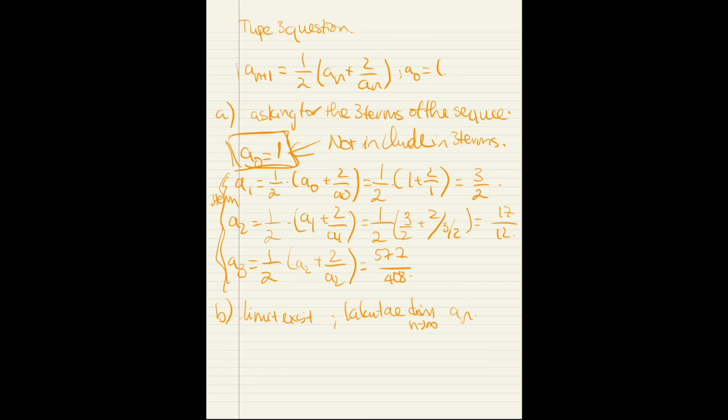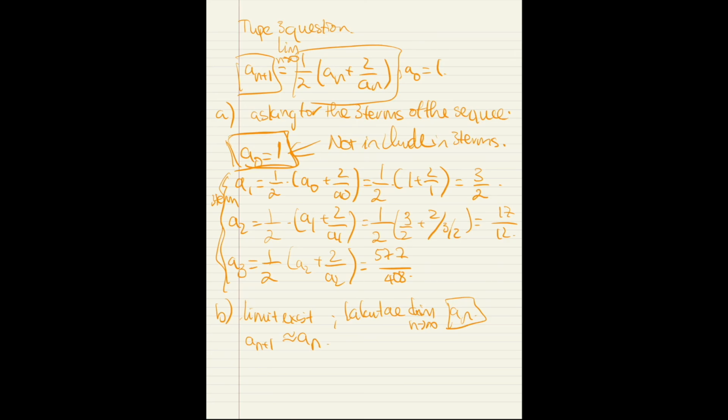So you can see this is a of n plus 1, this is a of n. How can you solve for this? Also you cannot solve for the limit as n goes to infinity of this function directly because it doesn't contain any n in here. So by that you know that a of n plus 1 is just equal to a of n.